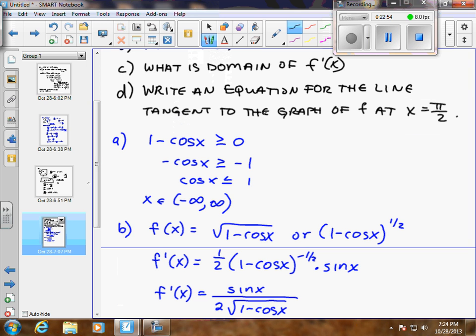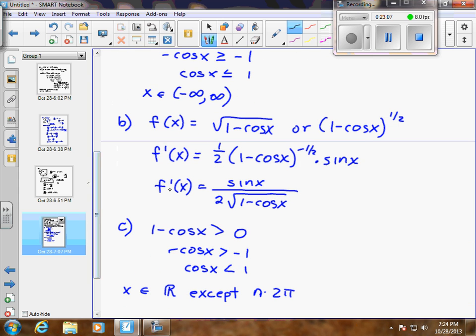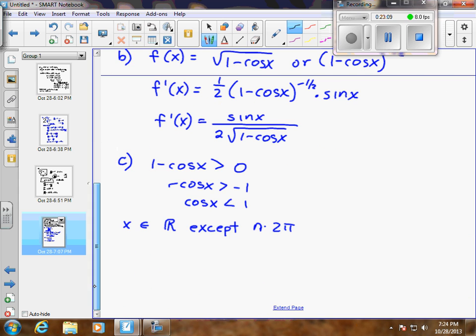Okay, so what do we need to know to find the equation of a tangent line? The slope and a point. How do we go about finding the slope? And we have done that, right? We need to find f prime of pi over 2.